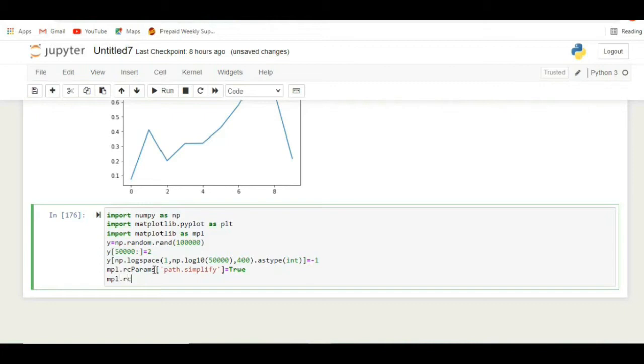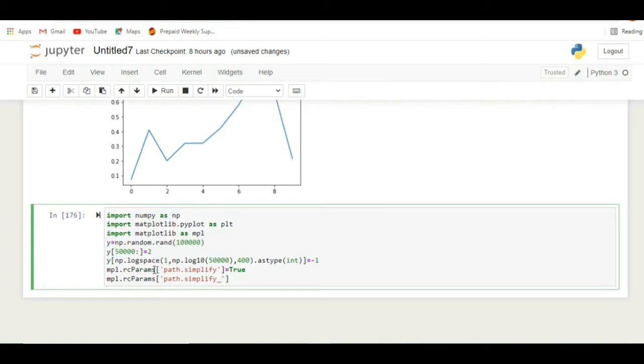Now mpl.rcParams, and inside the single quotation marks path.simplify.